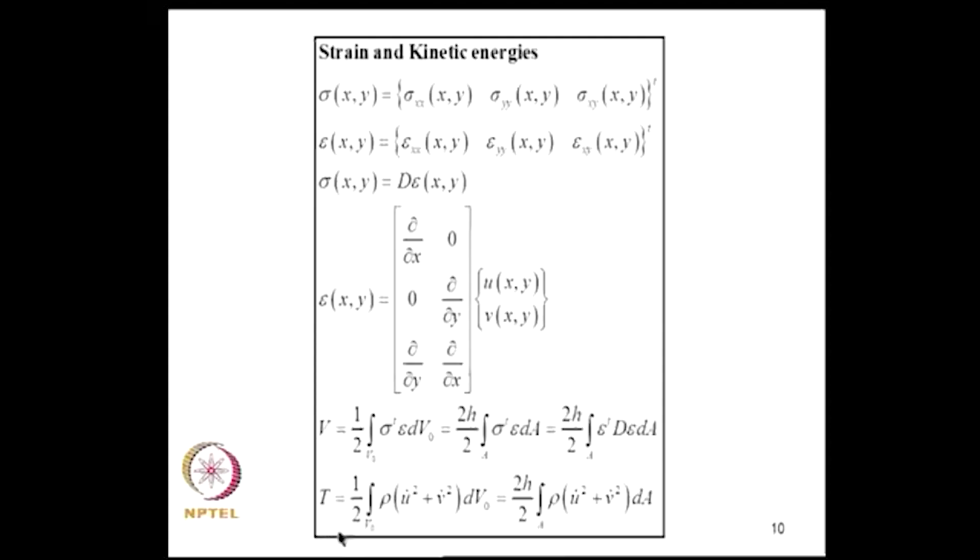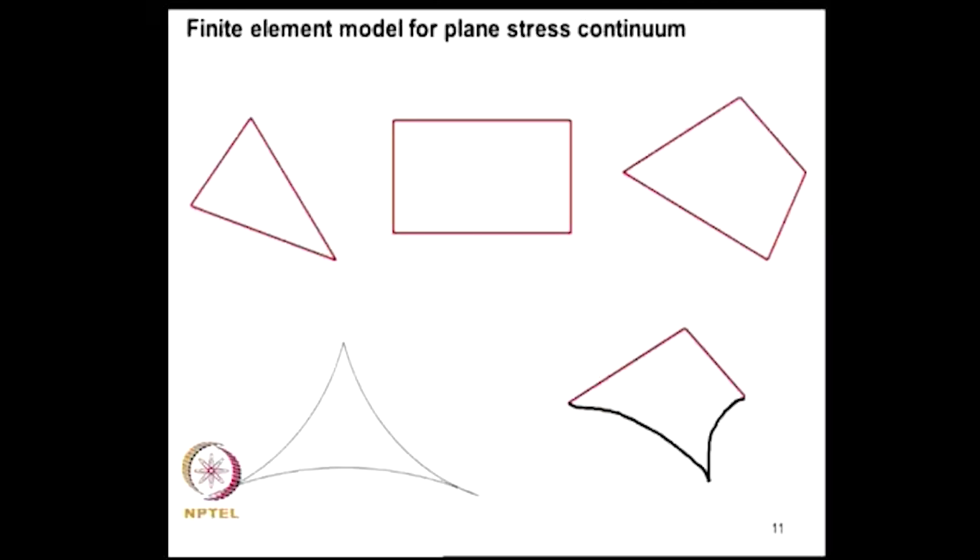Similarly, kinetic energy is half integral over the volume rho times u dot square plus v dot square, and over an area integral this becomes this. So, we know now the relationship between all these quantities, and now we should be able to develop finite element models for these continuum elements.